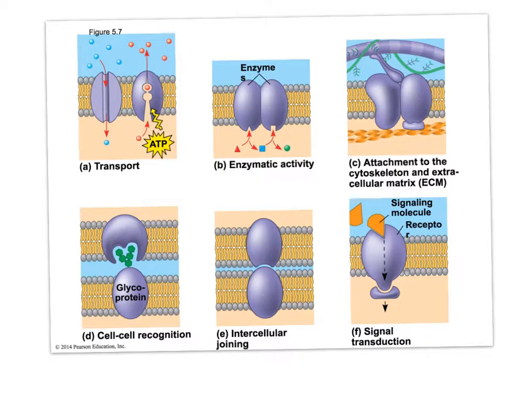Stuff that happens inside the cell from there. Okay? But the point is, the signal is going to be relayed from the outside, here's your receptor, from the outside to the inside, eventually to the nucleus. And that's going to change the way the cell behaves. Okay?